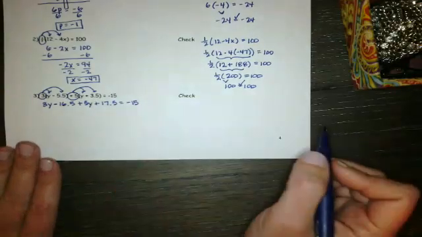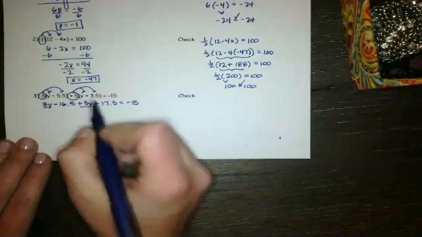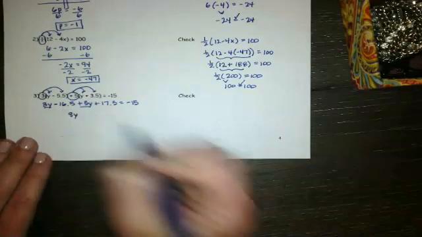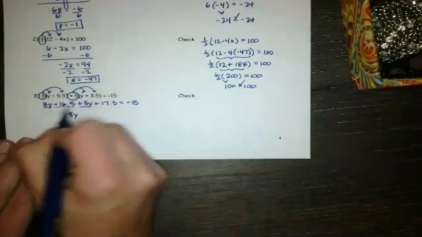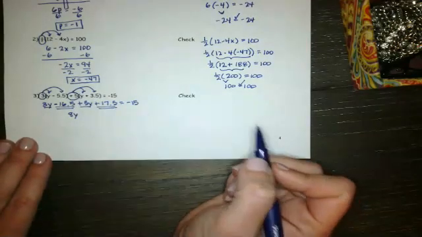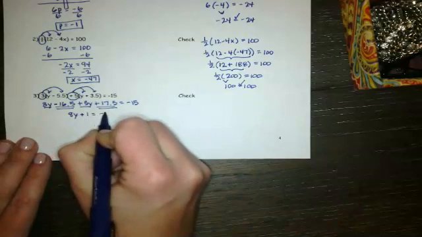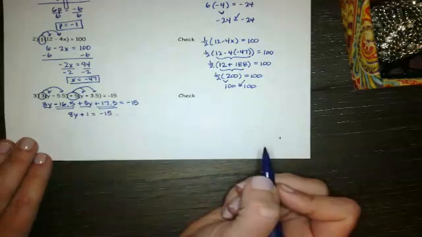Now for this one, we do have to combine like terms. We have 3y plus 5y, which is 8y, and then we have negative 16.5 plus 17.5. You can put that in your calculator if you need to, but that gives us positive 1.